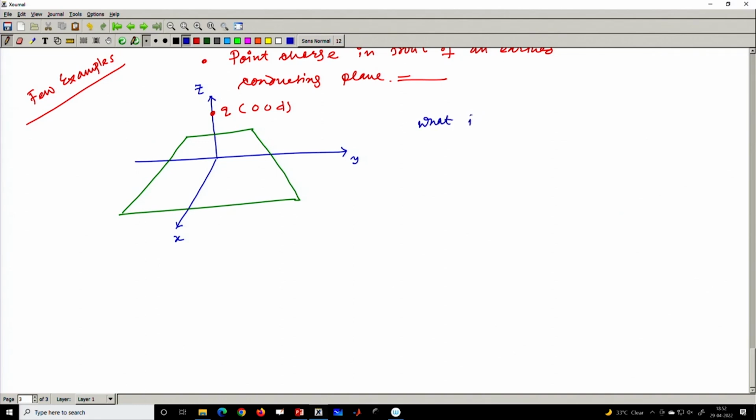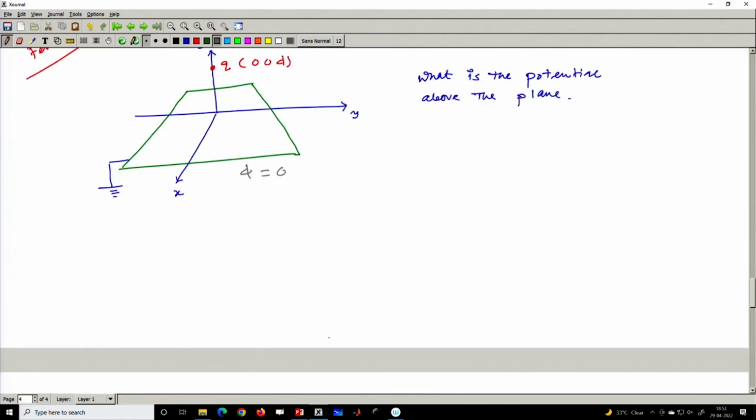What is the potential above the plane? Okay, and this is grounded, mind it. Since this is grounded, the first boundary condition that we have is phi on this plane is 0. So, let me jot down the boundary conditions.